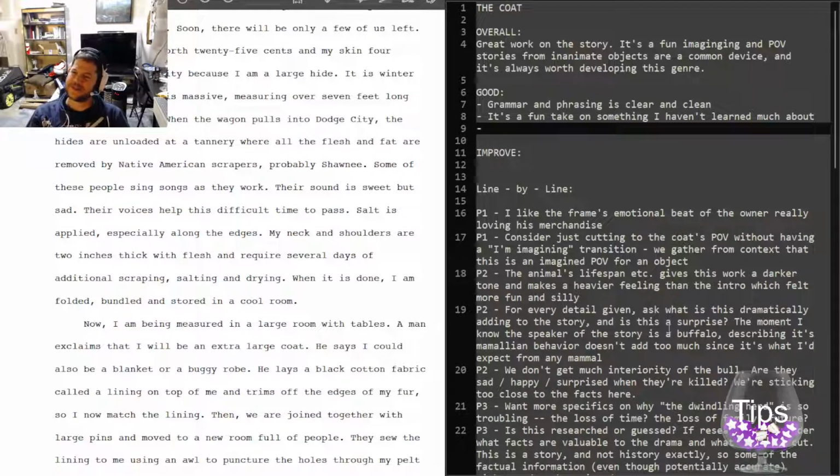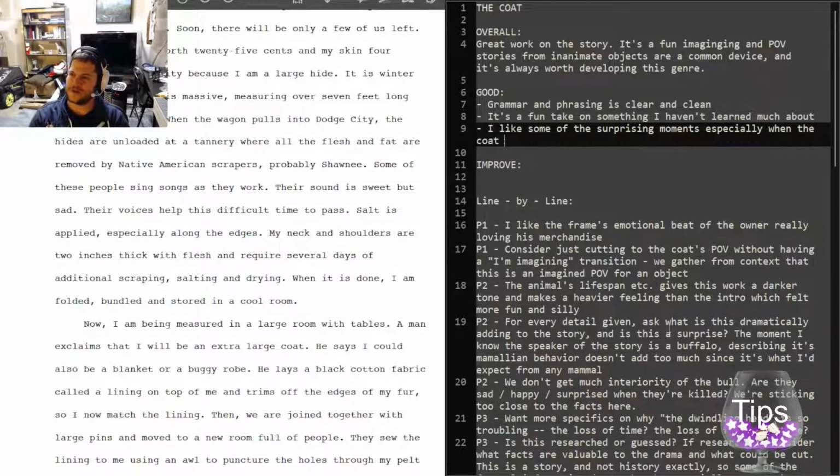Let's see. It's a fun take on something I haven't learned much about. And I like some of the surprising moments, especially when the coat talks about its life in retrospective.